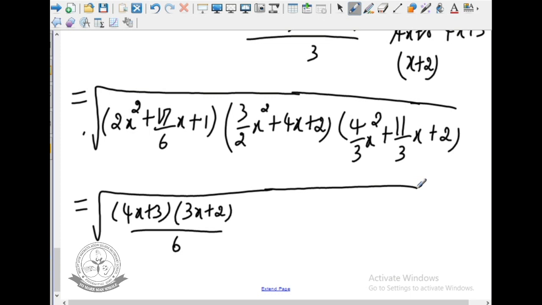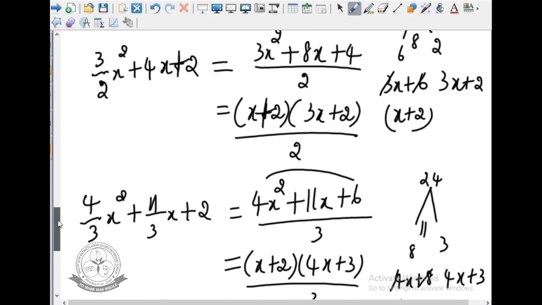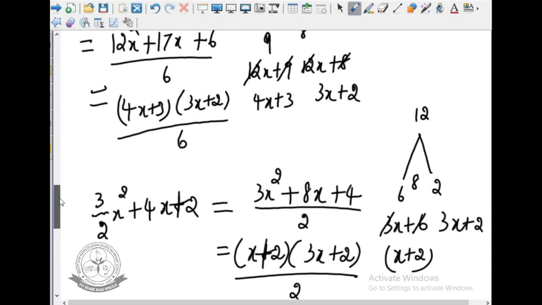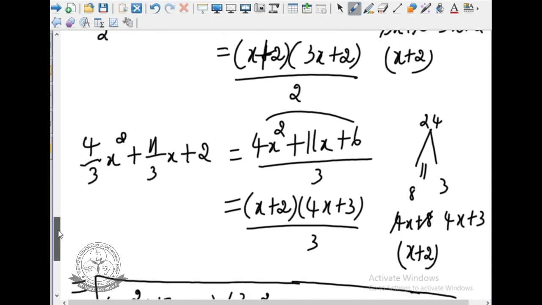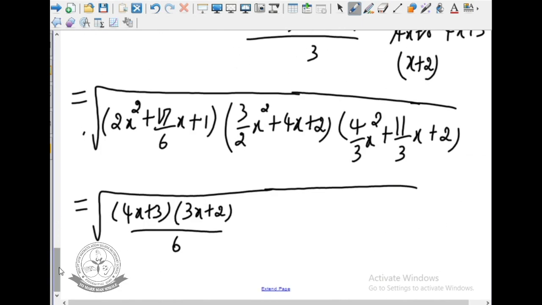Into the second one, x plus 2 into 3x plus 2 by 2.